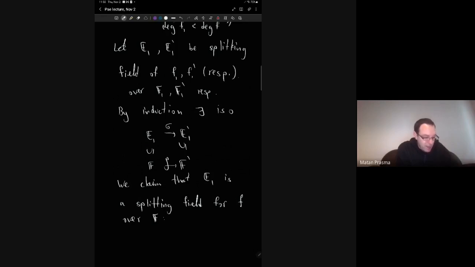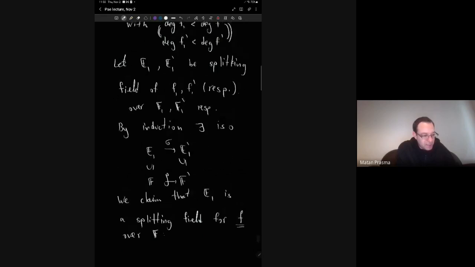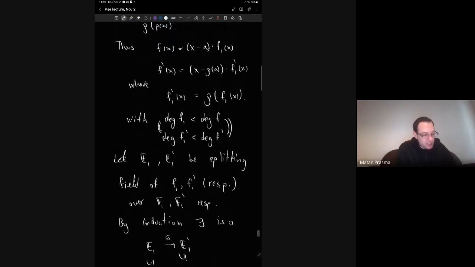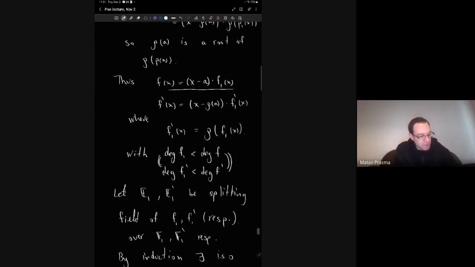Clearly f splits over E1, because E1 is a splitting field for f1 over big F1, but over big F1, f already splits into x minus a times this lowercase f1.